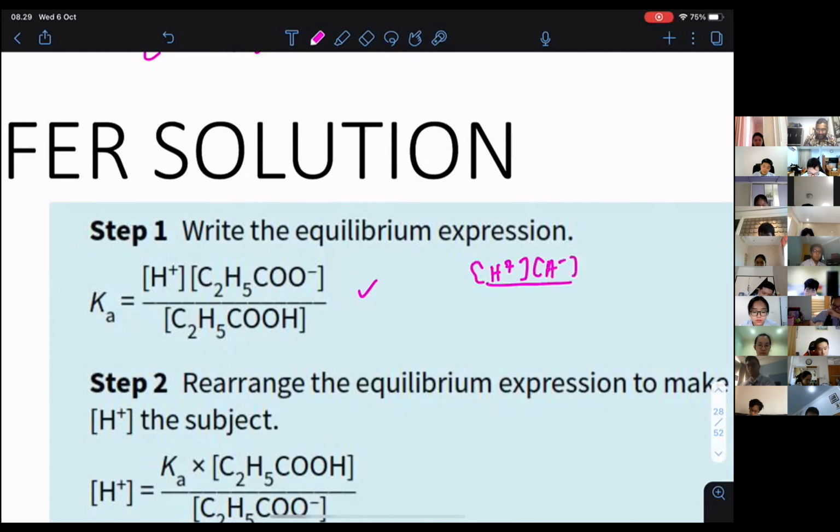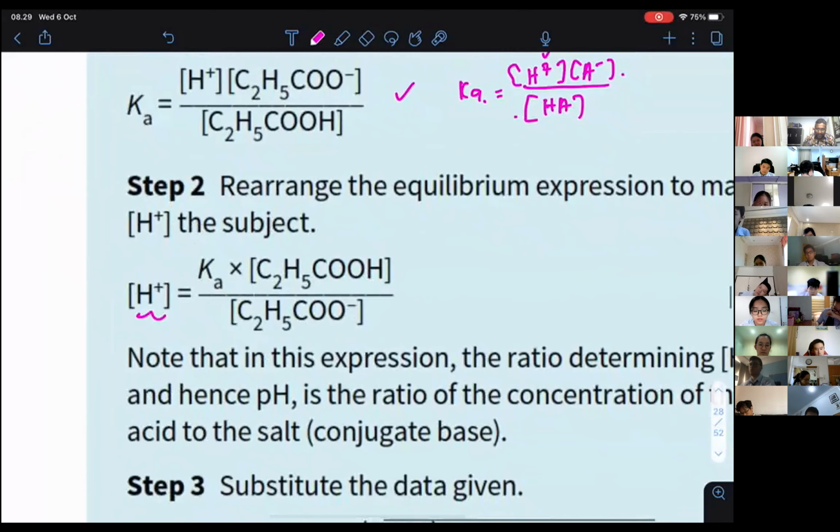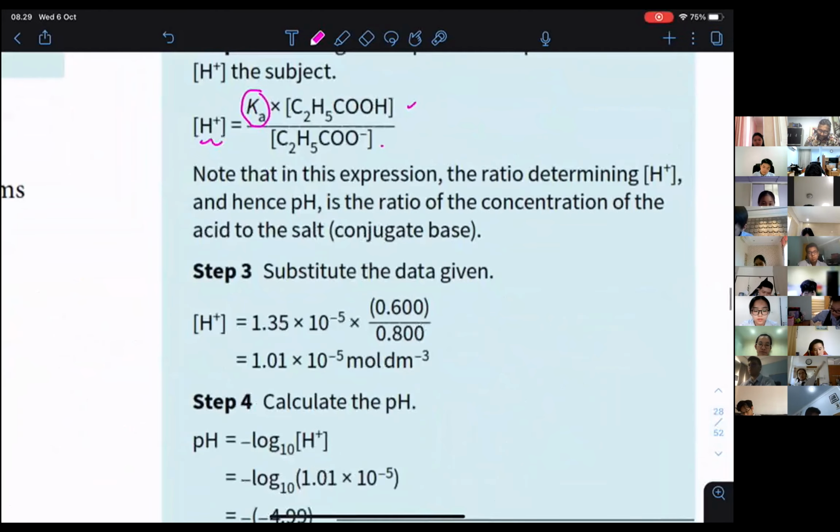You are looking for H plus, for pH. So how to get H plus? This one times this, divided by this. So you rearrange. Now, you have the data for Ka. It's given. Substitute the data.